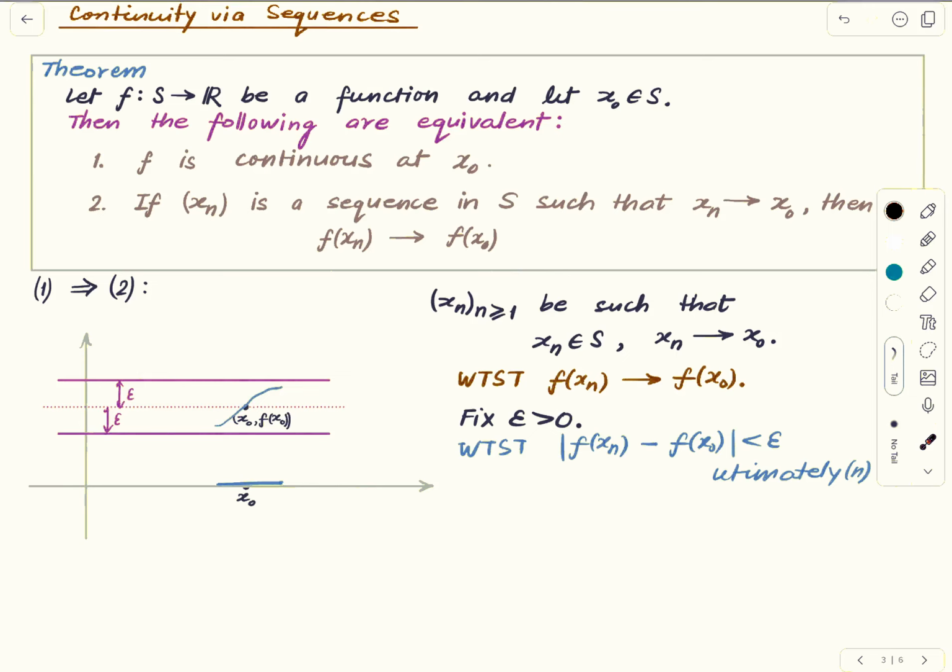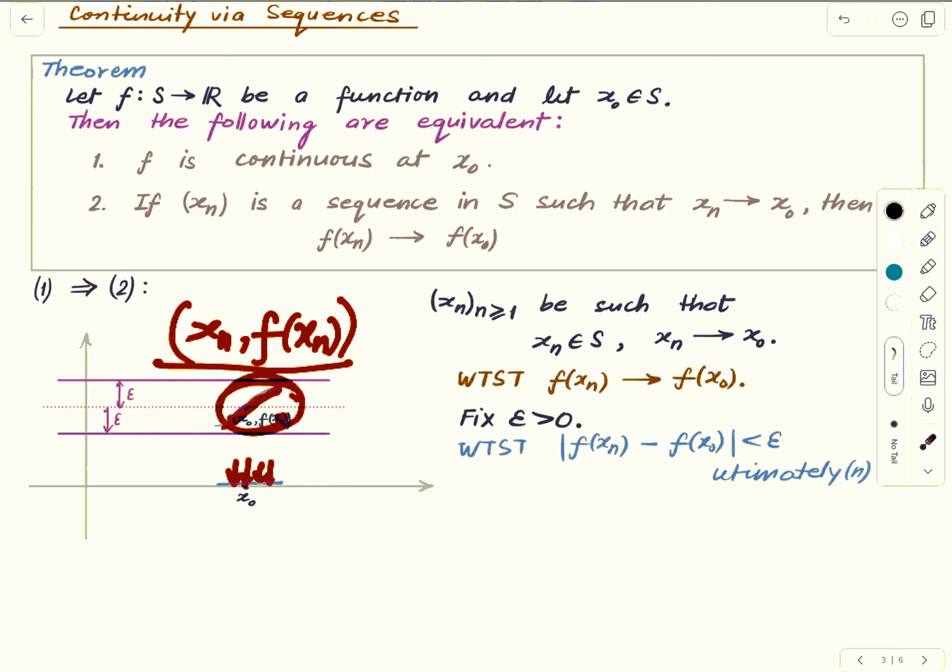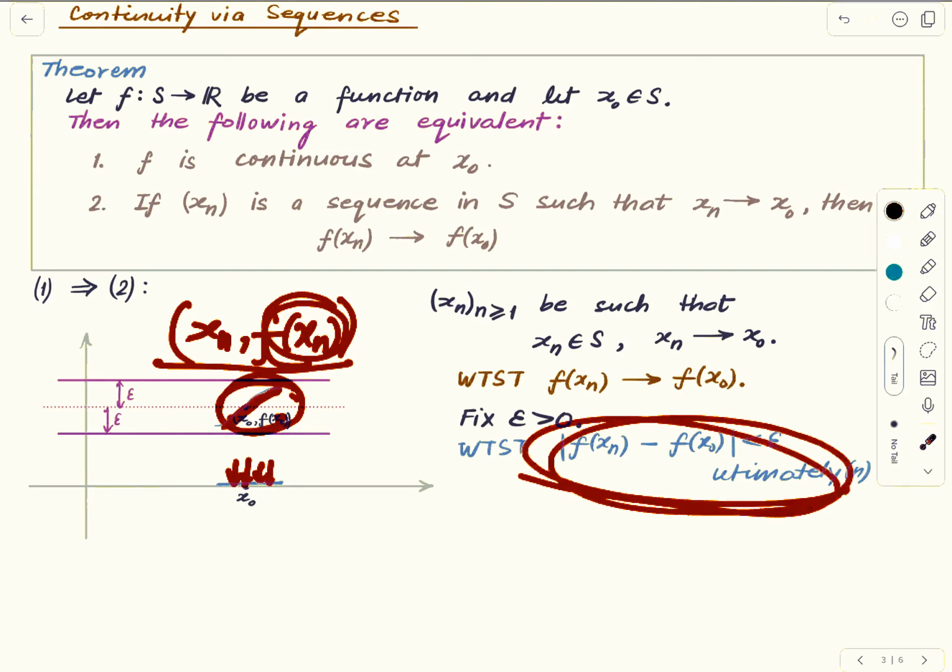Now to finish the proof, since xn converges to x0, ultimately all the points of xn reside in this delta neighborhood. And therefore, ultimately all the points in the graph reside in this epsilon band. That is, these points xn, f(xn) ultimately reside in this epsilon band, which is the same as saying that f(xn) is ultimately at a distance less than epsilon from f(x0), which is the same as that statement.